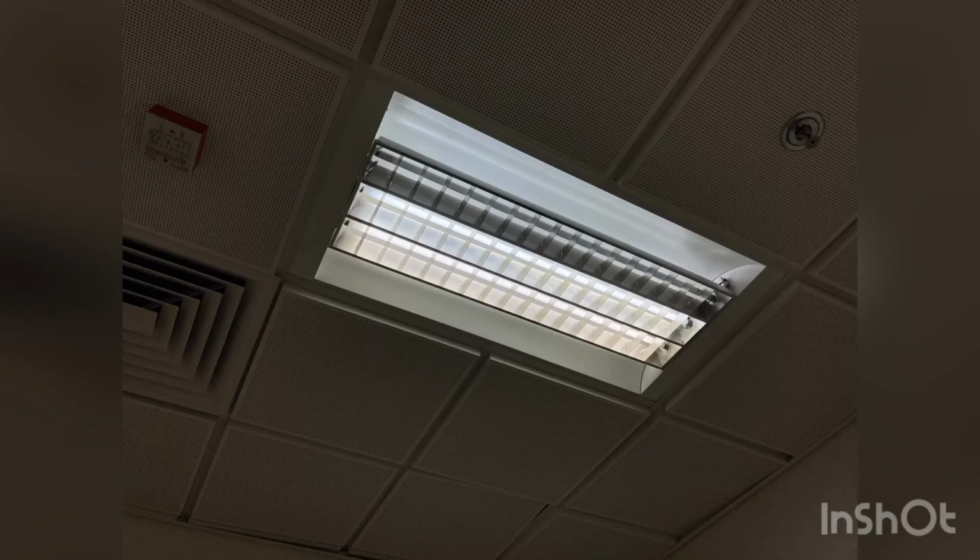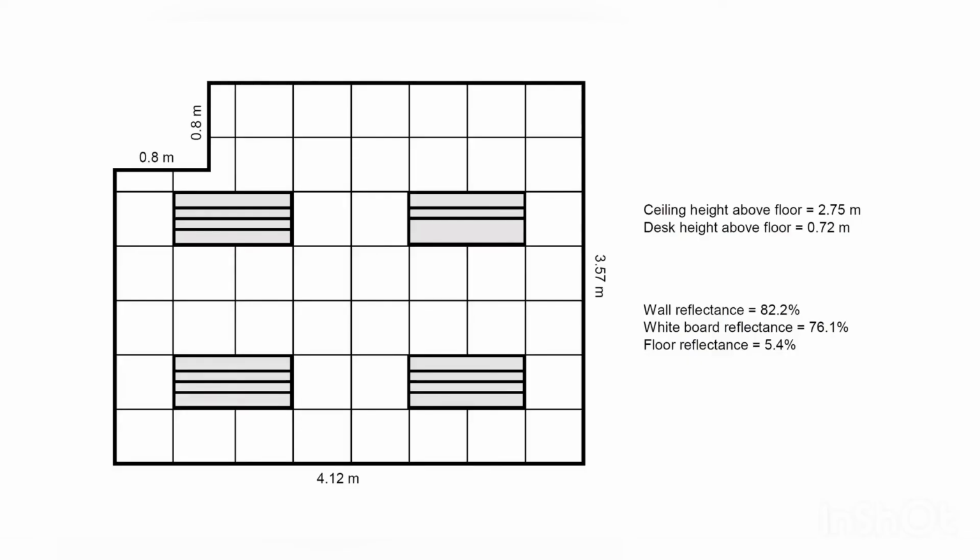So the small letter n should be 3. But you can notice that one of the luminaire has only 2 lamps. So when you do the Lumen method equation, you have to make an adjustment. This is the lighting layout plan, and the top right-hand corner luminaire has only 2 fluorescent tubes.